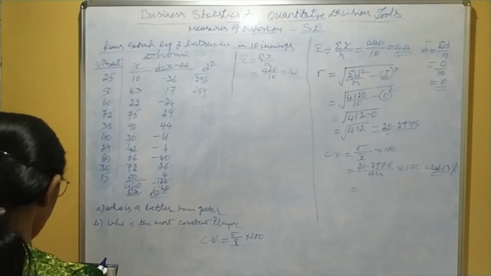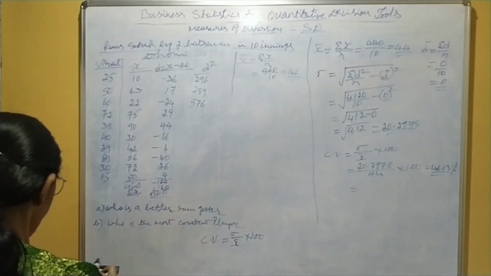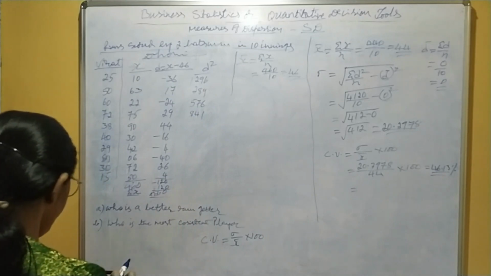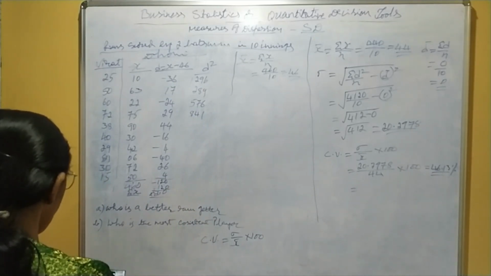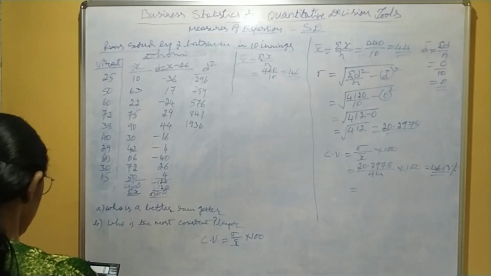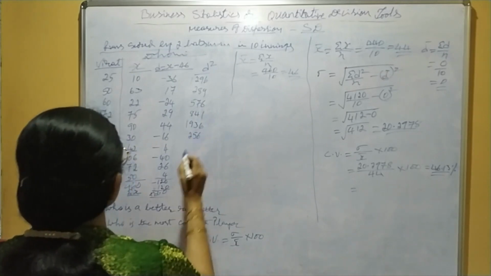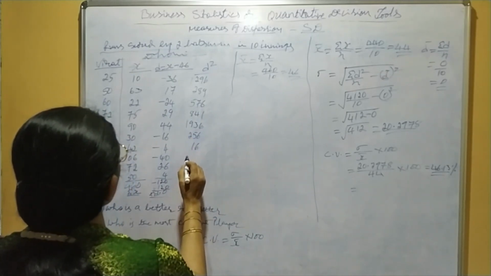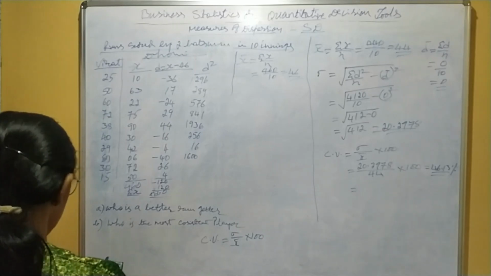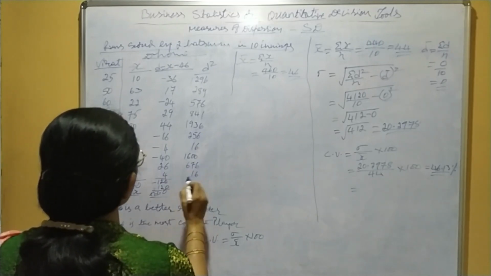Then 24 into 24, 576. 29 into 29, 841. 44 into 44, 1936. 16 into 16, 256. 4 into 4, 16. 40 into 40, 1600. Then 26 into 26, 676. 4 into 4, 16.